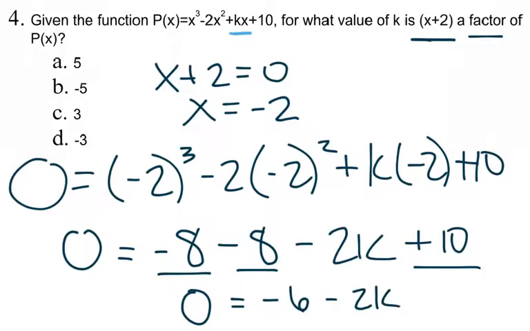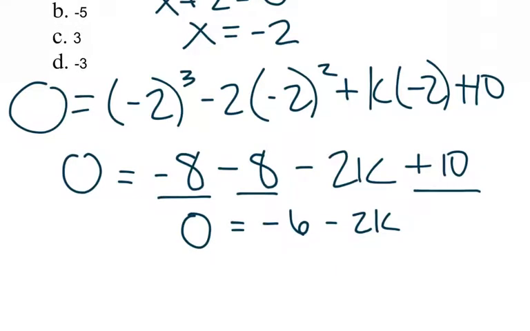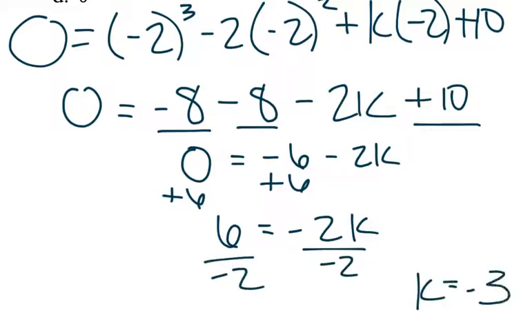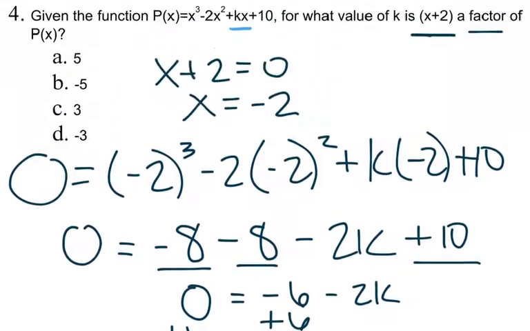I'm going to add the 6 to the other side. 0 plus 6 is 6. And in order to get k by itself, I need to divide both sides by -2. So k would have had to be a -3. Alright, so D is my correct answer.